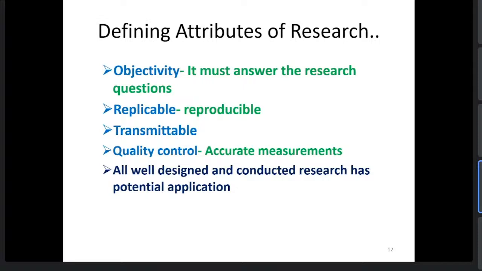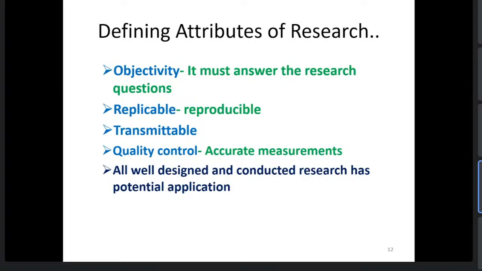Objective. We must have some objective to conduct research works. That will be our novelty when we perform any research work. It must have some novelty, that is, it is different from others. There may be some existing methods, and my findings are better than the others.